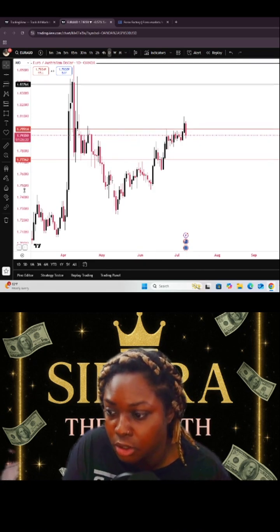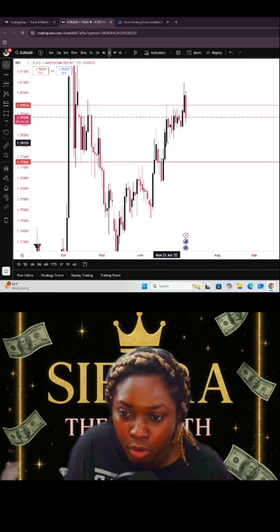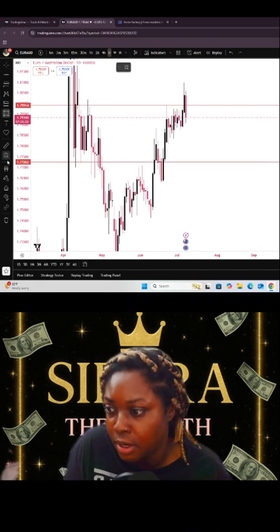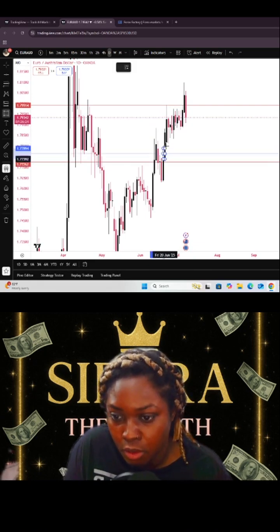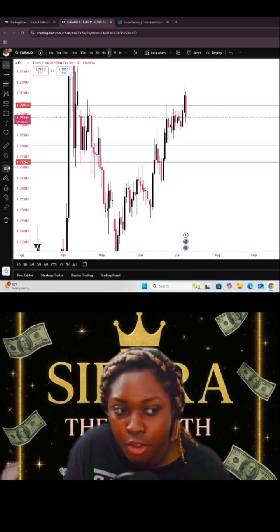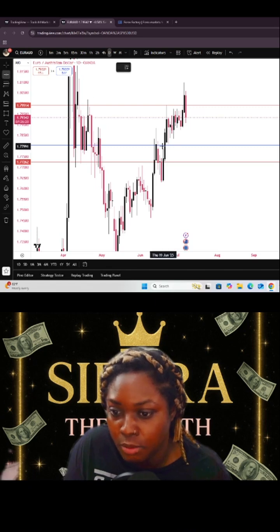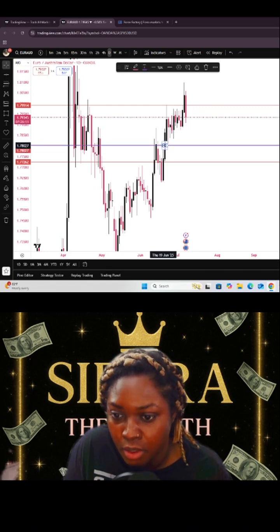We're not sure. I am, though, going to mark up this fair value gap here just for precaution. Although normally price does come to 50% of our CRT range, I'm going to mark this area up just for TP1 purposes.